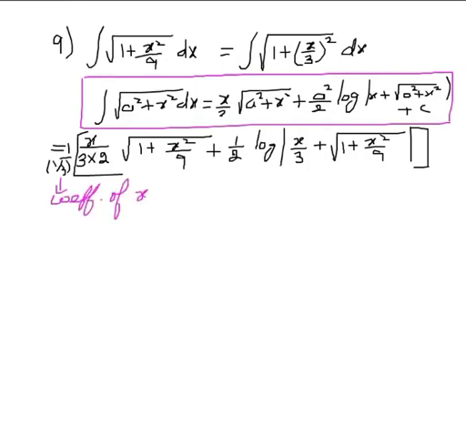Or to avoid this, you could have taken LCM 9 and you can remove 9 outside the root sign. That will be a better practice. Otherwise, you will forget to divide by the coefficient.